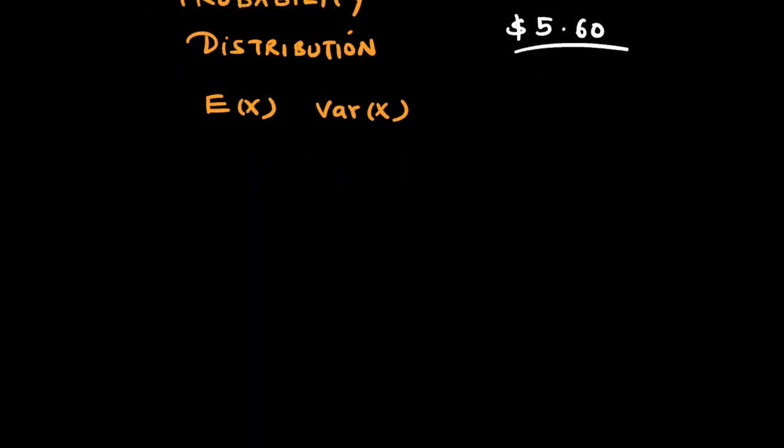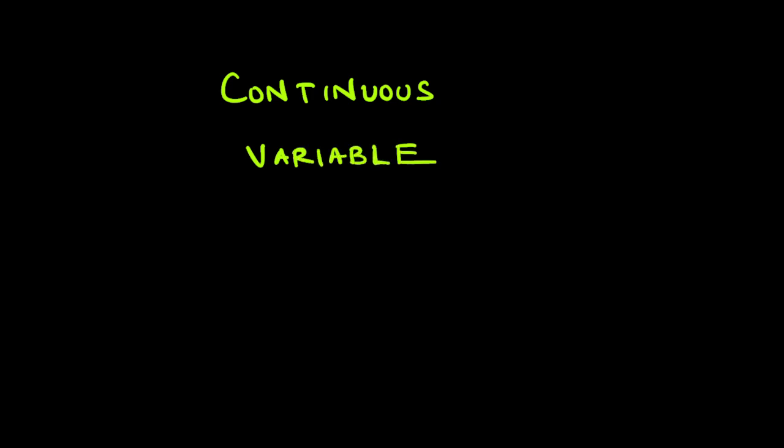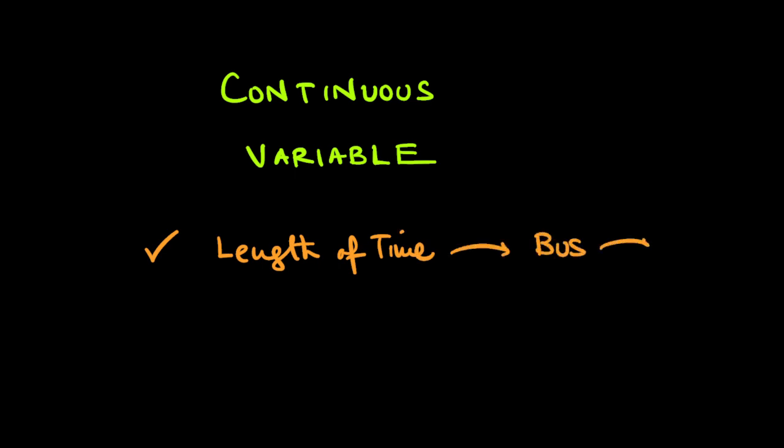As opposed to a discrete variable, we can have another variable which we term as a continuous variable. Now, what are the examples of continuous variable? It could be the length of time that a passenger takes when he waits for a bus at a particular station.